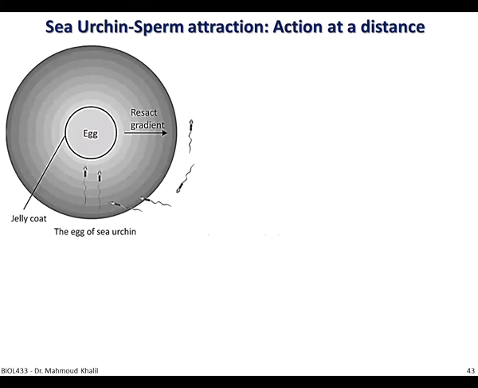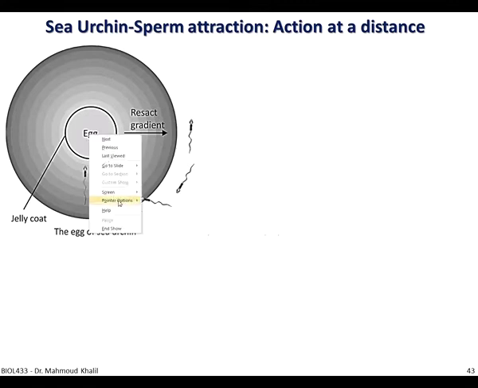Okay, let's continue our explanation of the way that this kind of chemical, resact, provides and ensures that each sperm will fertilize its own specific egg. Generally you can see the egg in the middle.